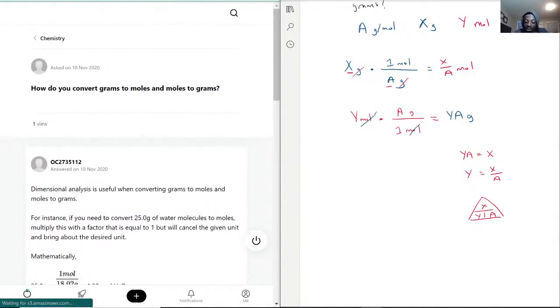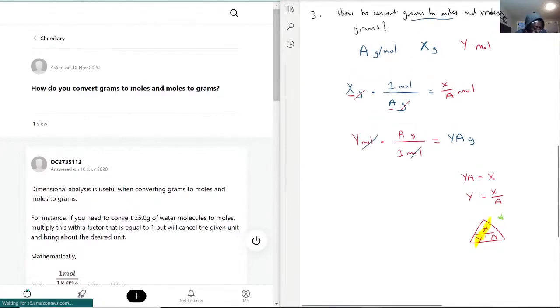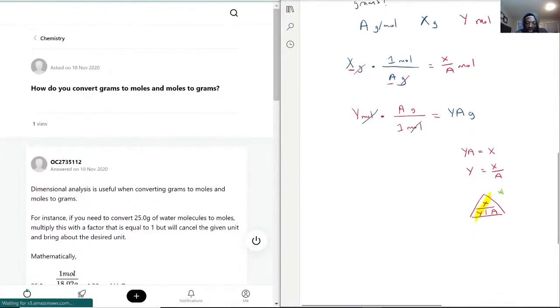For example, if you wanted the molar mass, it would be X over Y. If you wanted the moles, it would be X over A. And if you wanted the grams, it'd be Y times A. So this is the relationship triangle here. If you were ever confused, hopefully we addressed how to convert between each other.